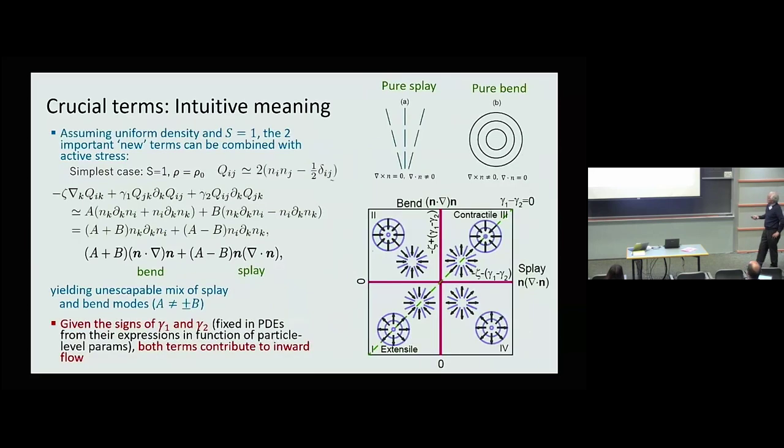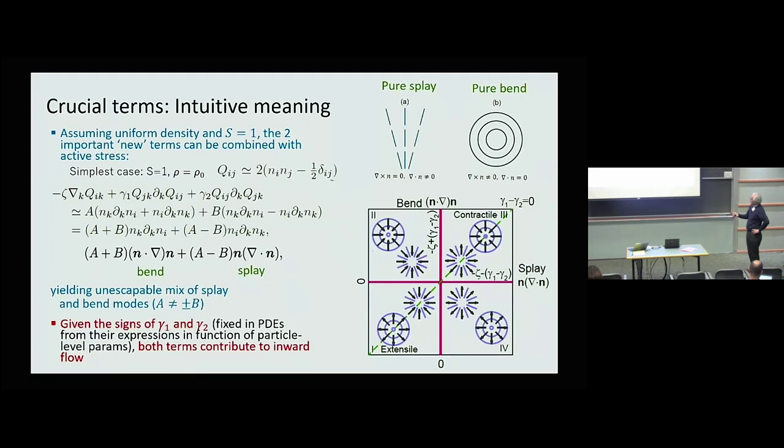Just to give some intuitive meaning of this diagram: for simplicity, if we assume the scalar order parameter is 1 and the density is constant, then we can write down Q using the director. Then we have the well-known bend deformation and splay deformation.